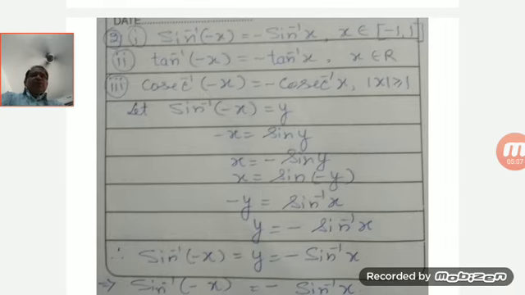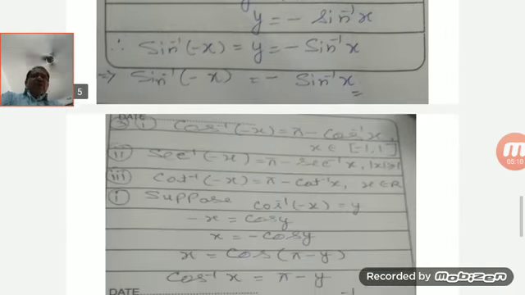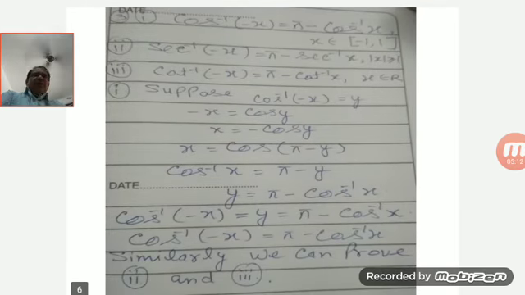Now we can take the next type of properties. Again in this formula we have three properties. The first one is cos inverse minus x is equal to pi minus cos inverse x when x belongs to the closed interval -1 to 1.